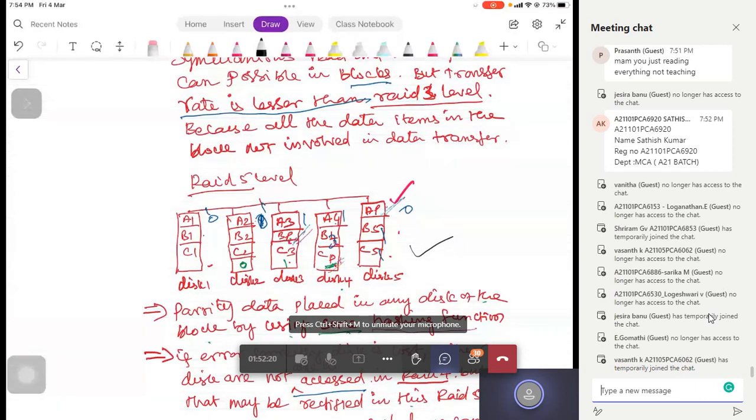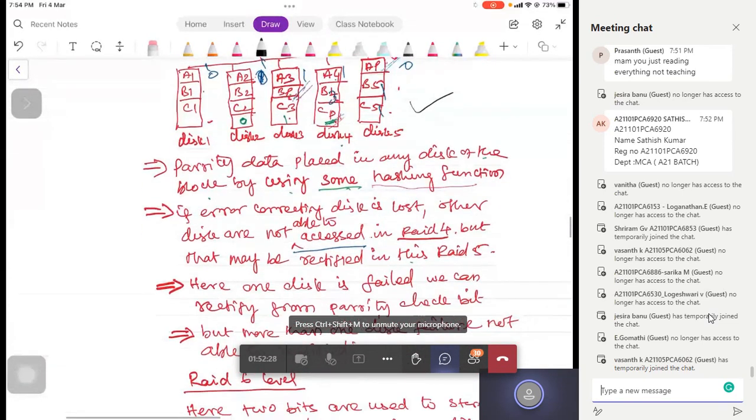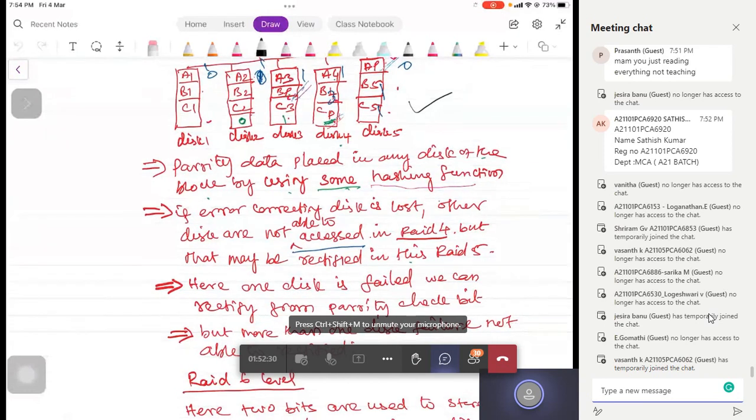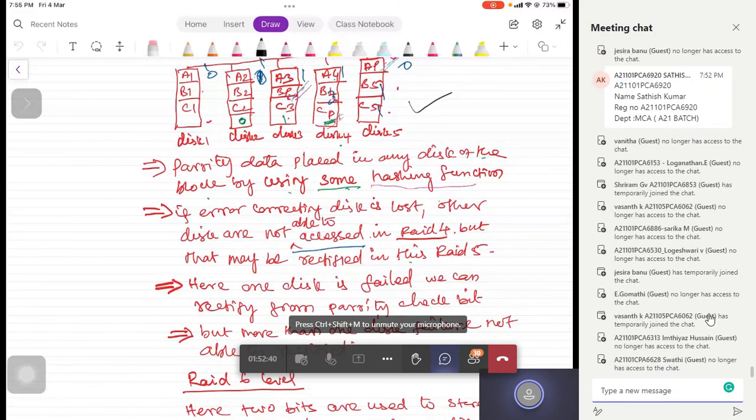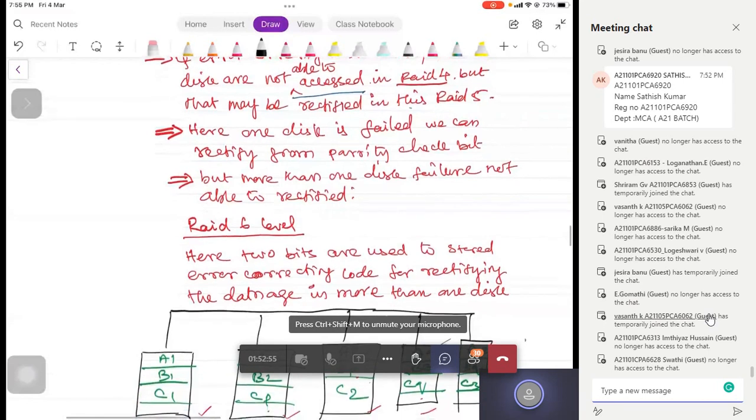That is A1, A2, A3, A4, AP, B1, B2, BP, B4, B5, C1, C2, C3, CP, C5, and likewise. Parity data is placed in any disk of the block using some hashing function. If the error correcting disk is lost, the other disks cannot be accessed in RAID level 4, but they can be rectified in level 5. If one disk fails, we can rectify it from the parity check bit, but if more than one disk fails, it cannot be rectified.